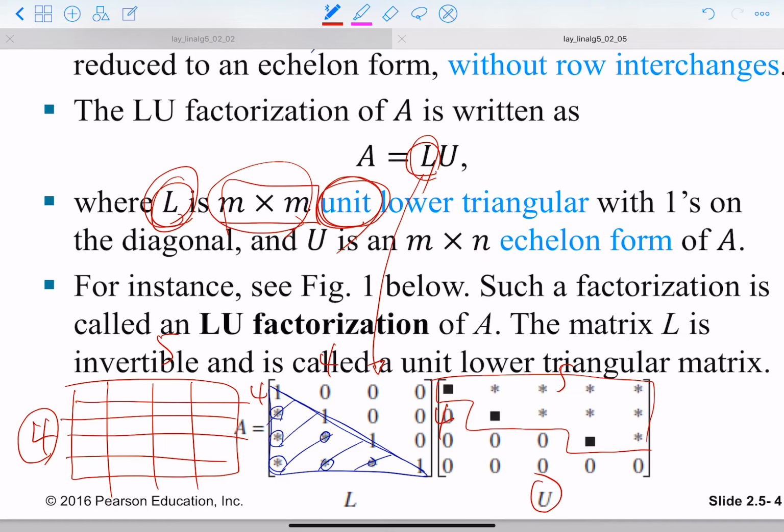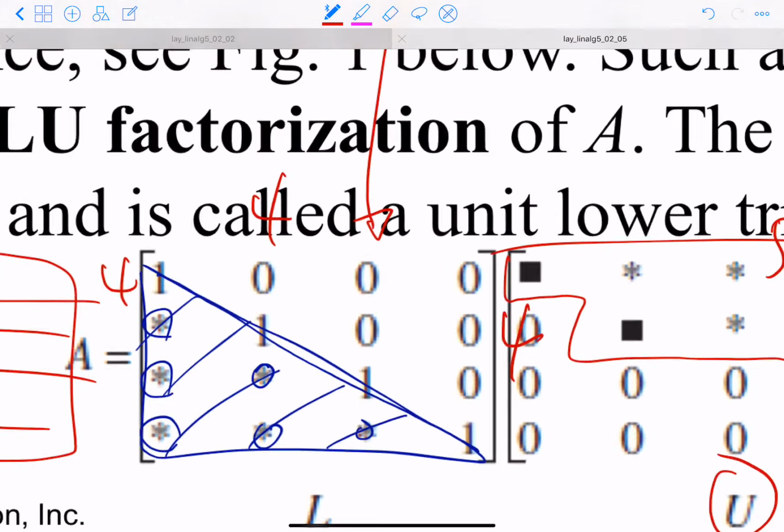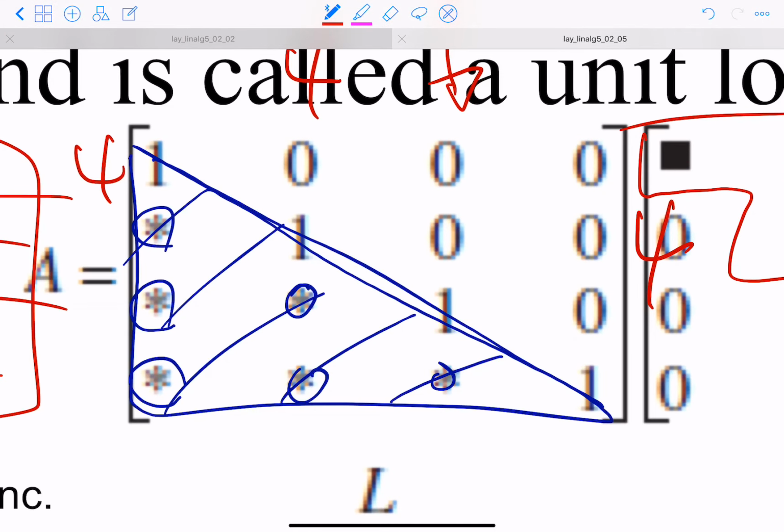What does that mean? Unit usually means 1, so in a unit lower triangular matrix the diagonal elements are all 1s. A plain lower triangular matrix can have arbitrary non-zero diagonal elements, but in a unit lower triangular matrix, all the diagonal elements are 1s.